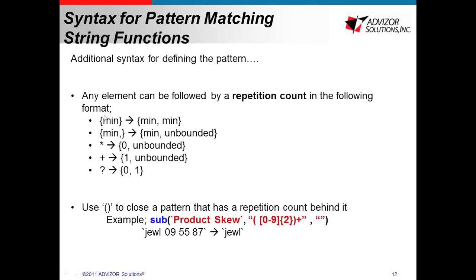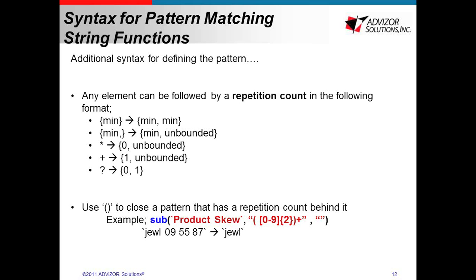To define the repetition, you use these brackets, and if I just put a 2 in the brackets behind an element, it says that the element needs to be repeated twice, and that's what would be matched.